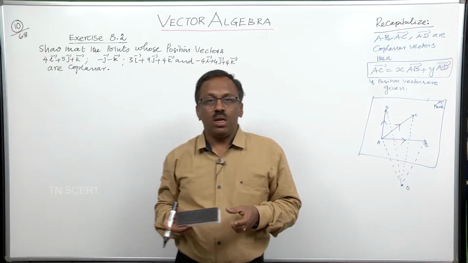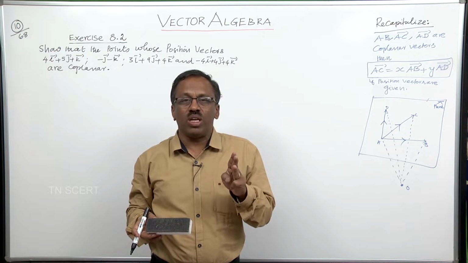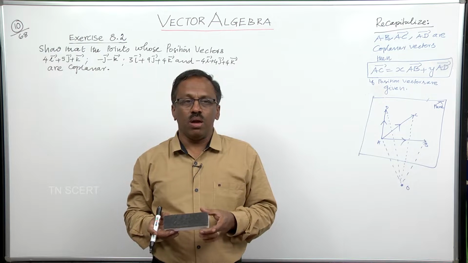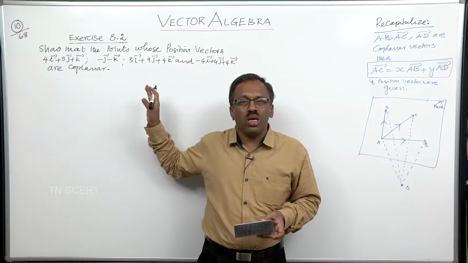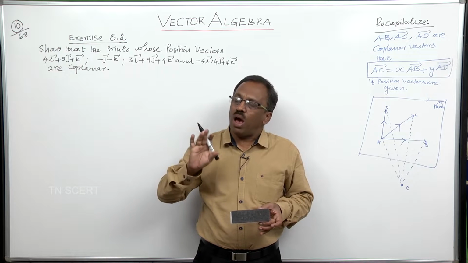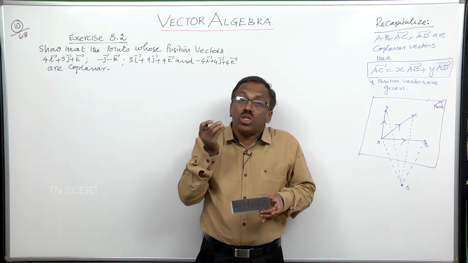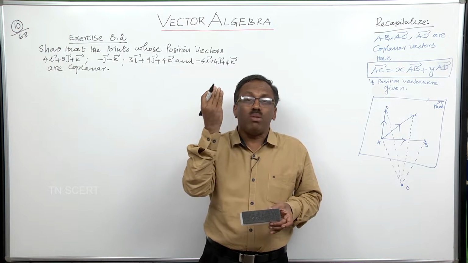Remember that the previous one had 3 vectors simply given, but now it is not given as such, as a vector. Position vectors of 4 different points.